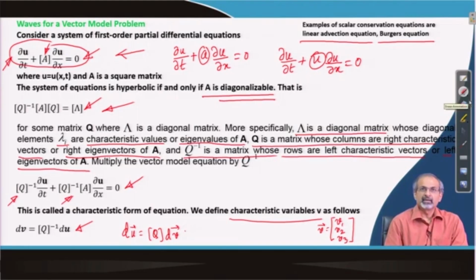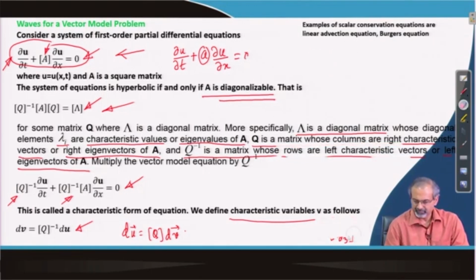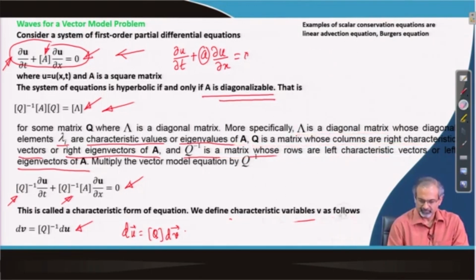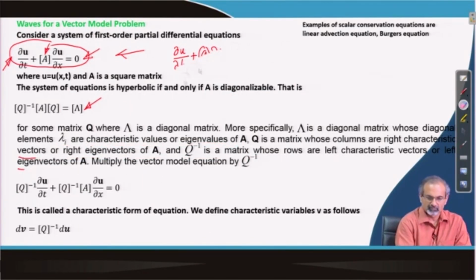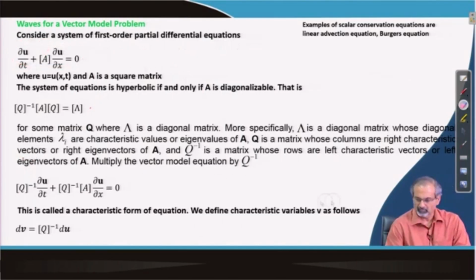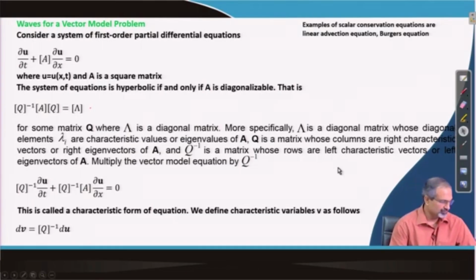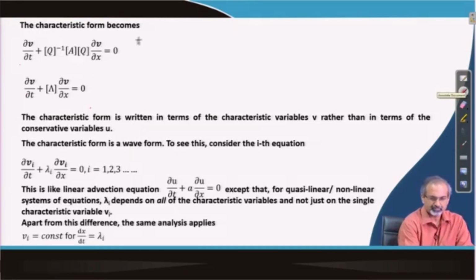So, keeping this in mind, we are going to look at the full form of the characteristic equation. So, you have it here.